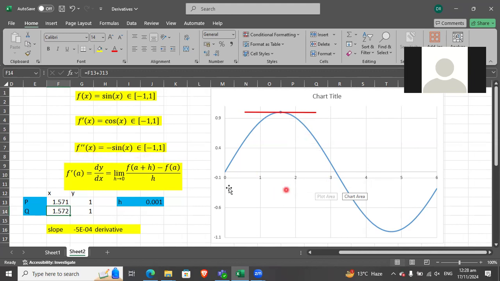And if the second derivative is at some point equal to 0, then that is the point of inflection where the concavity of the curve has changed. So with these numerical calculations and the graph, let's get to that point.